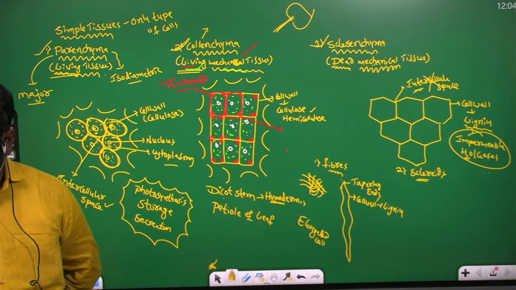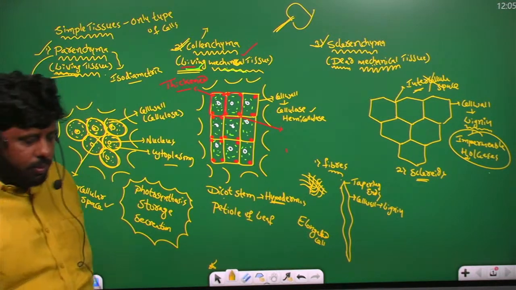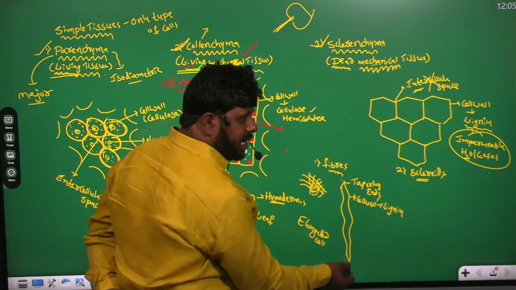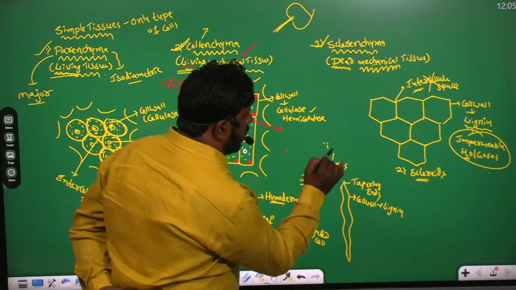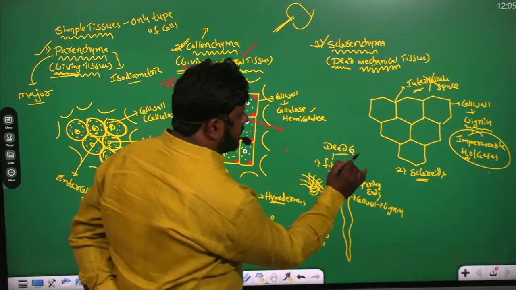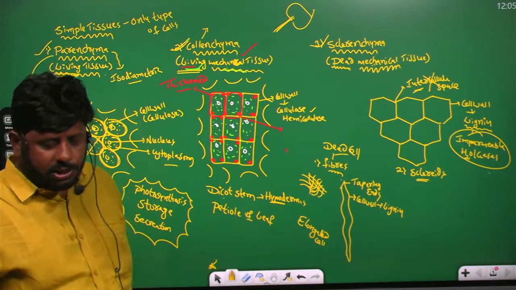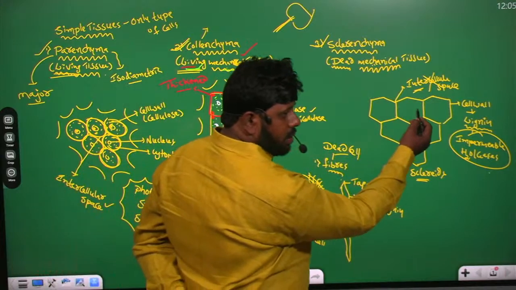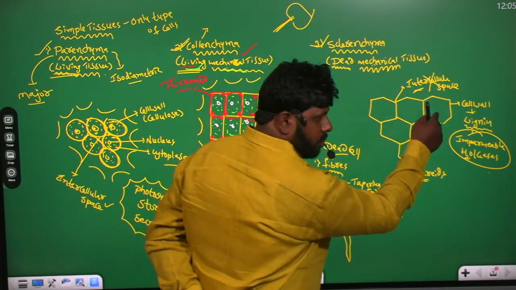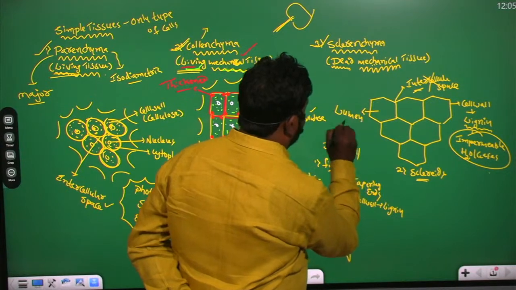That's why the inner nucleus and cytoplasm disappear. Because the nucleus and cytoplasm are absent, this is considered a dead cell. Fibers are dead cells. Since they are dead cells, there is an inside cavity, and this cavity is called the lumen.